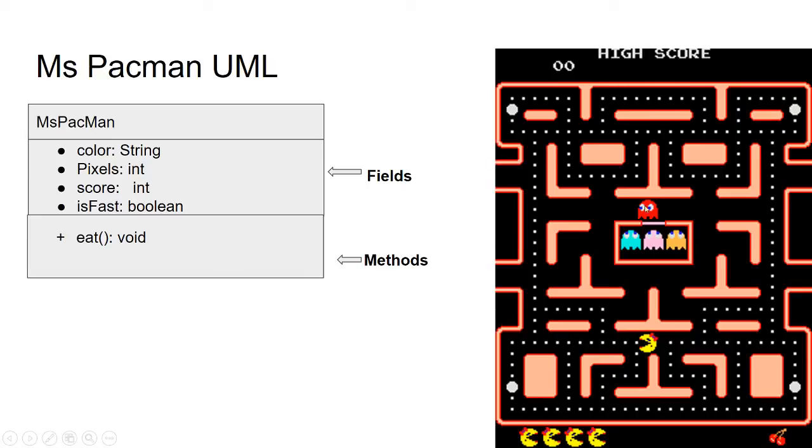So when you're programming, your object is going to pull the fields and the methods from this class and use them. So think of it again as a placeholder for all your fields and methods. So actually, we're going to make our own Miss Pac-Man class. So let's go.